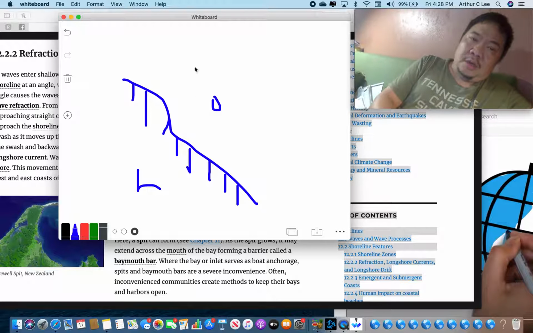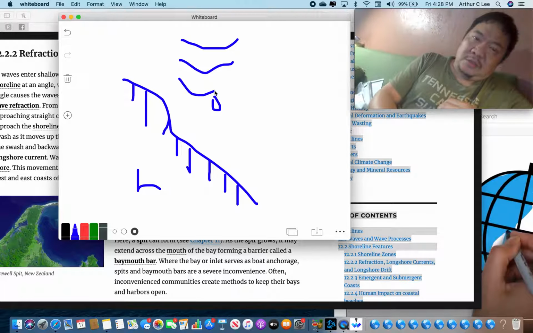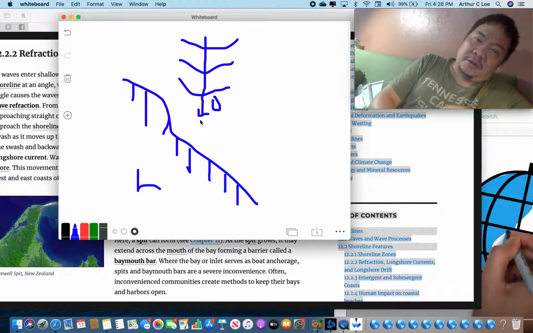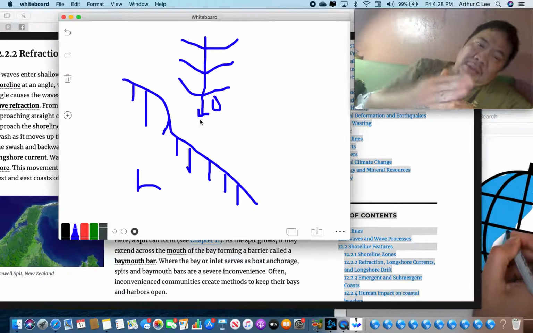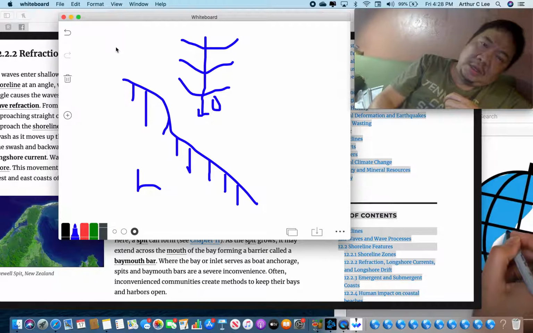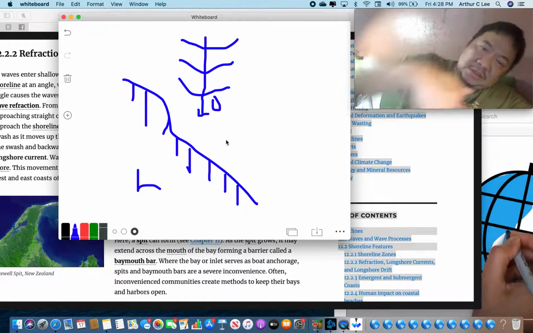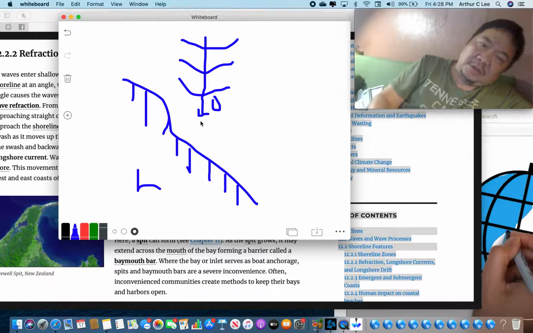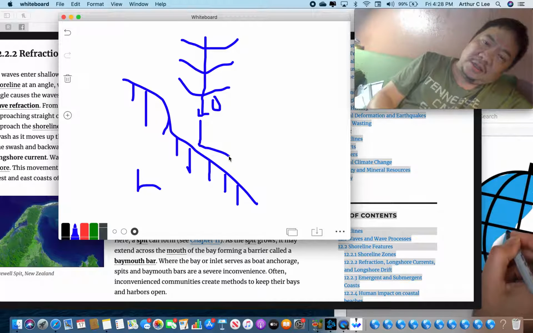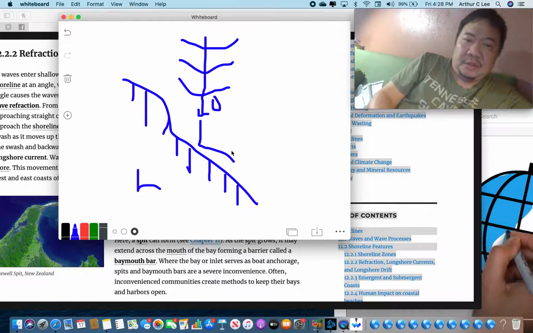First I'll show you the longshore current. Let's say that the wind is blowing from the north towards the south. So these wavy lines represent wave crests moving to the south. Which way is the longshore current going to go? Do you think it'd be more likely to bend up towards the northwest or to the southeast? Well, since it's this angle here, it's easier for it to be deflected this way, right? So the longshore current is going to go towards the southeast.